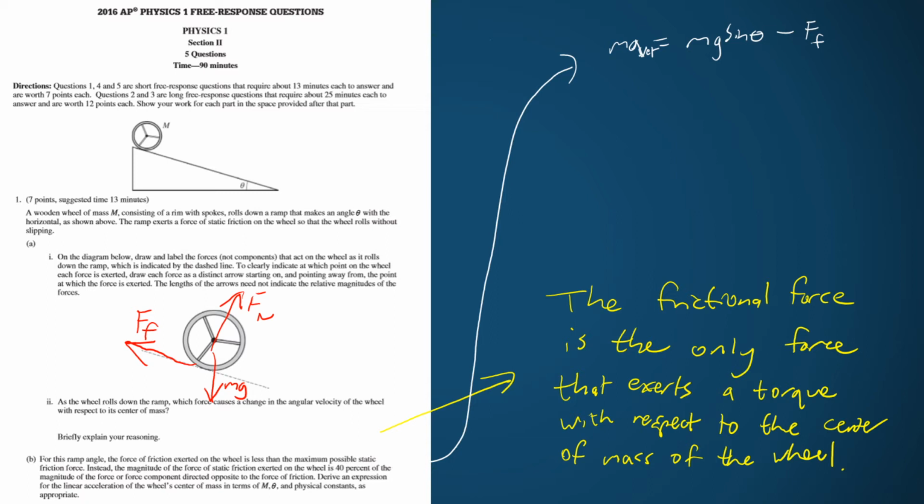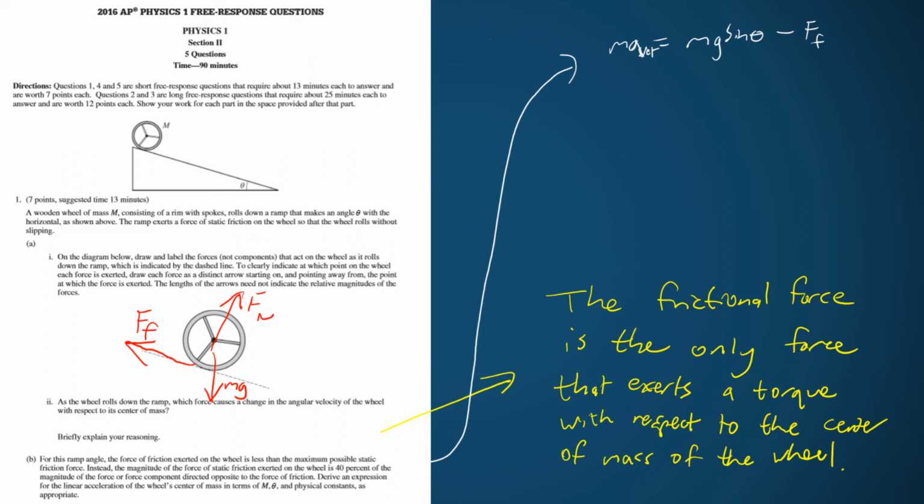I don't understand. So, the magnitude of the force of static friction is 40% of the force. 40% of the force component that is opposite to the force of friction.